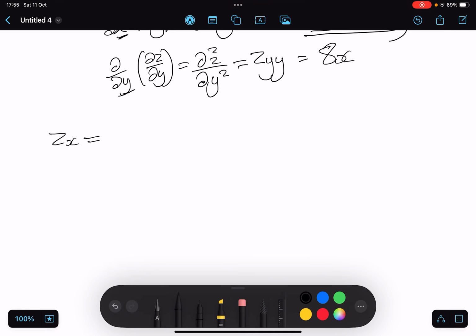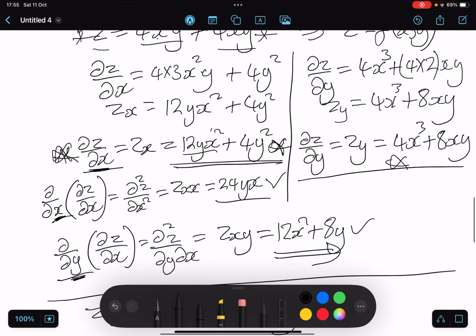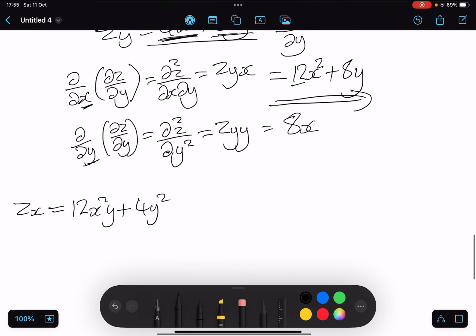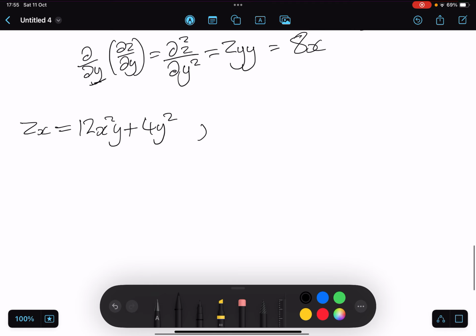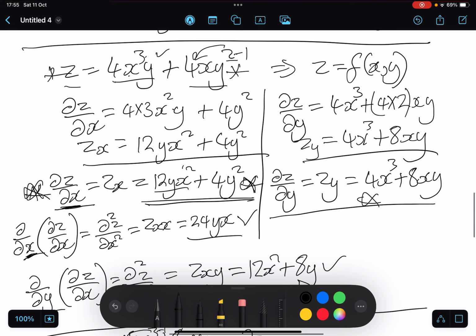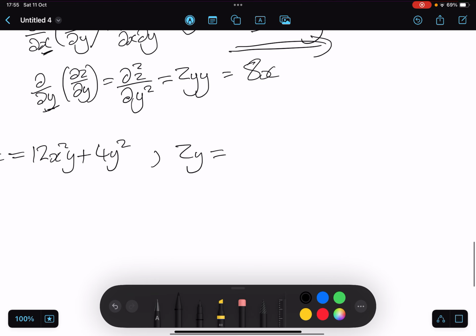So we have zx, the first derivative with respect to x, which was 12x squared y plus 4y squared. And then we have zy, which is 4x cubed plus 8xy.